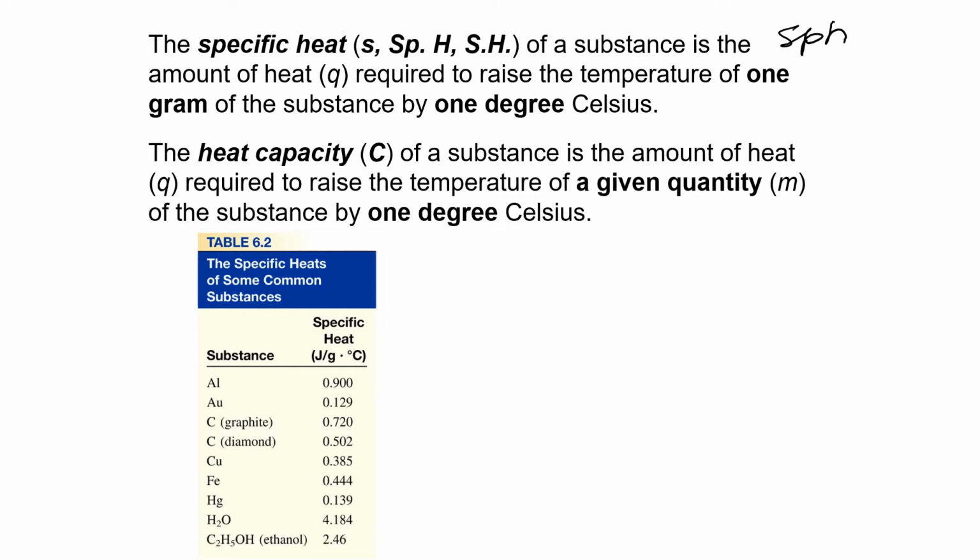I do want to add a reminder that this is at constant pressure. And specific heat has units of joules per gram degree Celsius, so 3 different units.